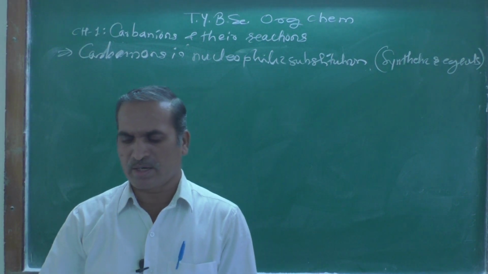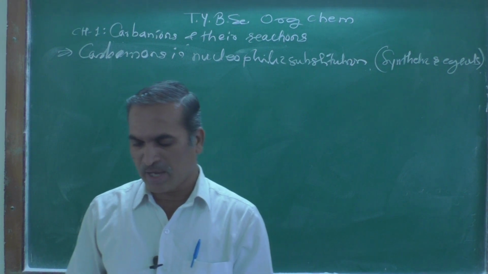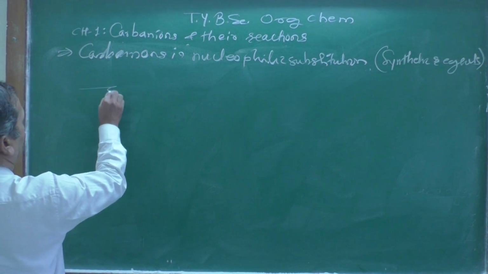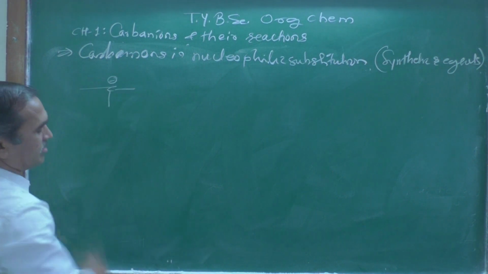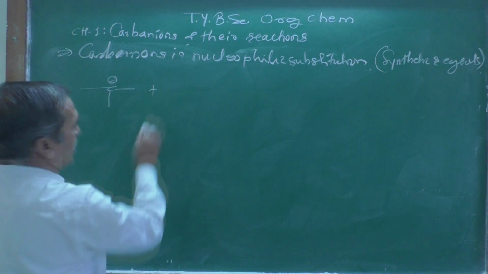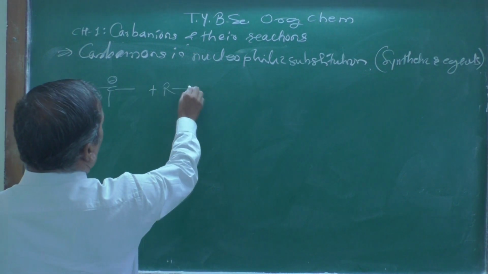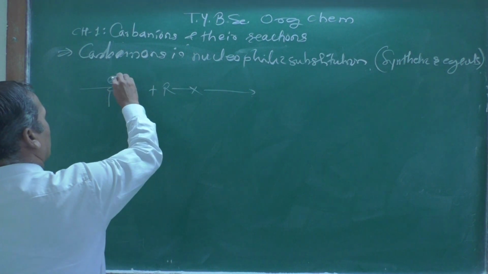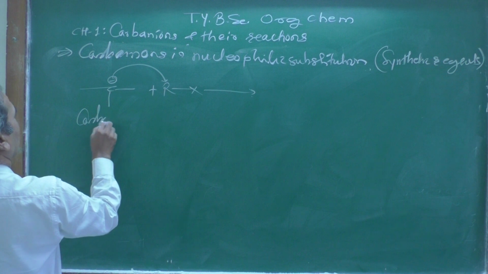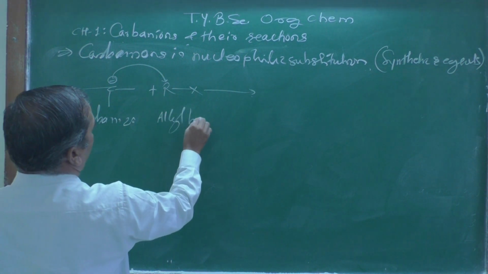A new carbon-carbon bond can also be formed using a carbanion as a nucleophile. For example, suppose we have a starting compound here with a negative charge, and that carbanion can attack an alkyl halide, as we know, RX. What is going to happen? This negative charge, this carbanion, attacks the alkyl halide.